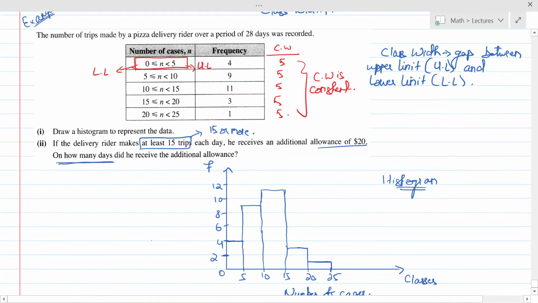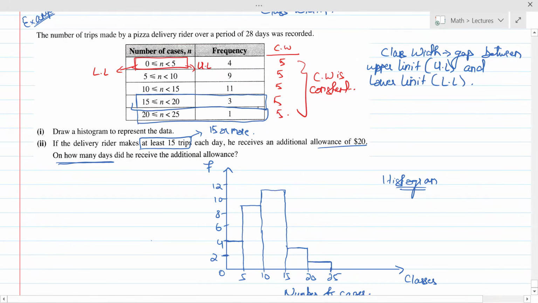So 15 or more. If you look at the data, it is represented by classes: 0 till 5, 5 till 10, 10 till 15, 15 till 20. So at least 15 means 15 and more. So this class is there because it is between 15 and 20. But more than 15 also includes the class next to it, which is 20 till 25.